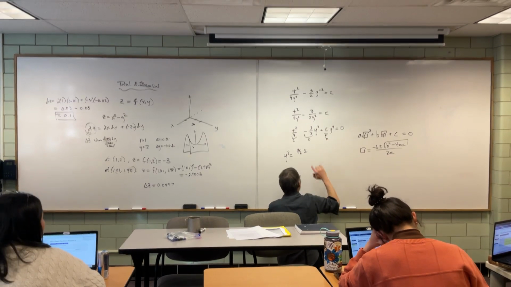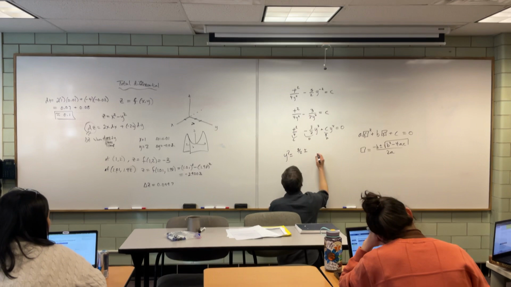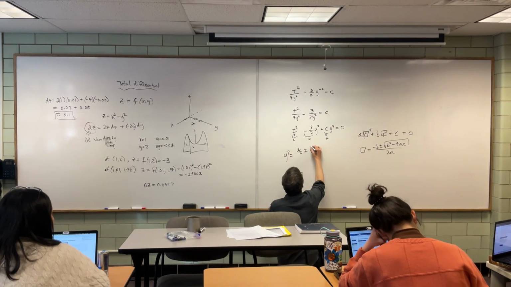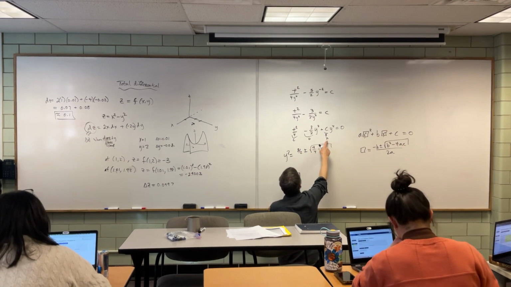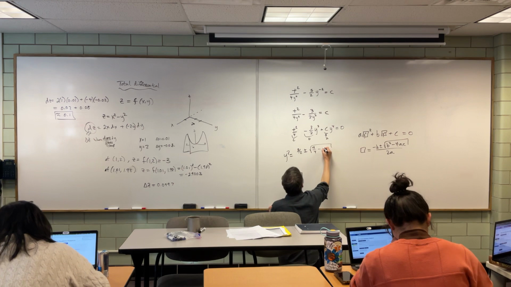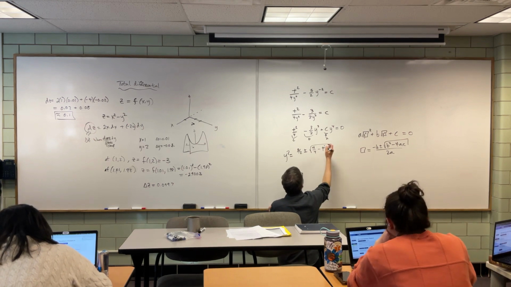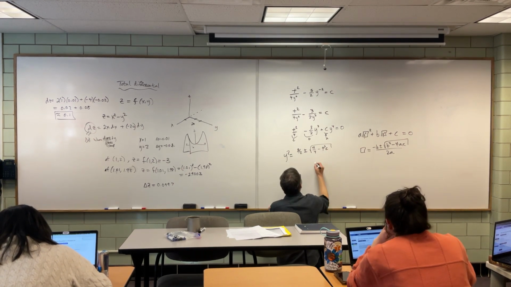There's a little problem with that c, whatever. So square root of b squared minus 4 times a times c, so that's going to be 4 times this, which is t squared, times c, which is just c, all over 2a, which is just 2c.